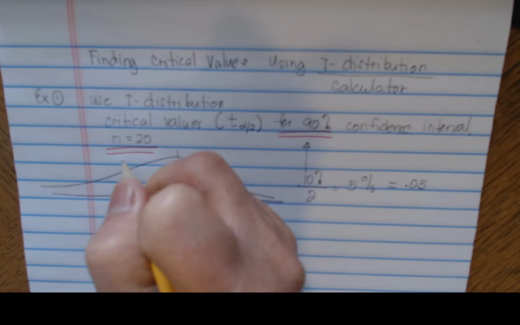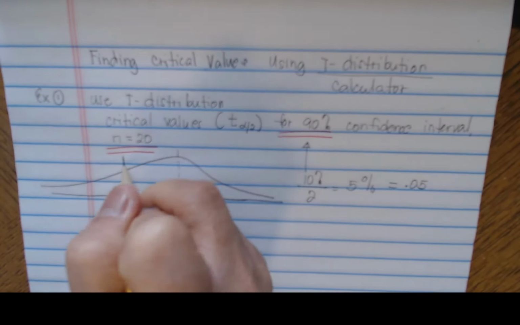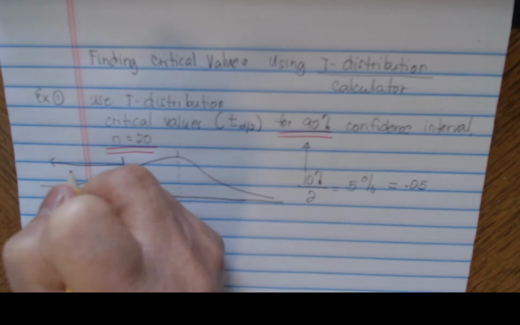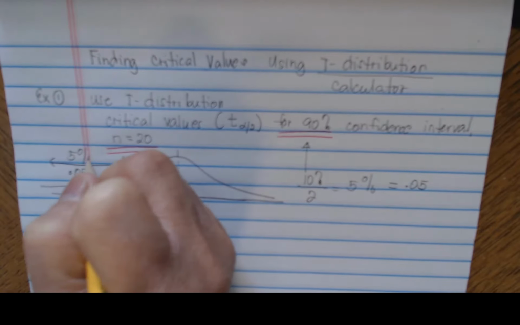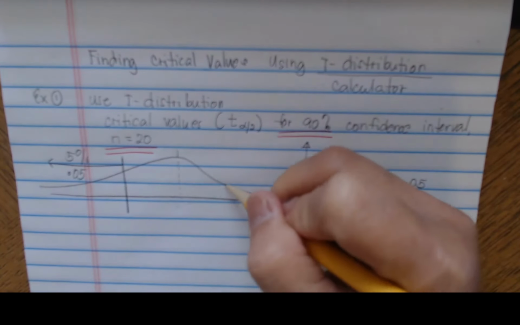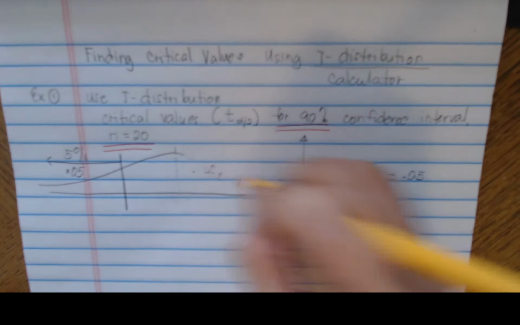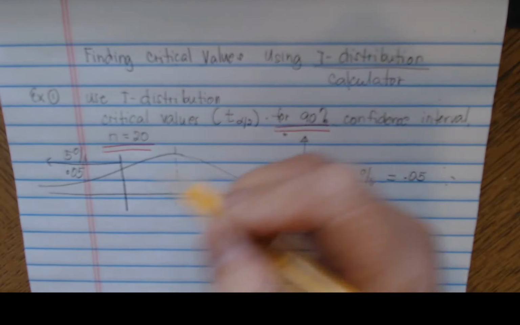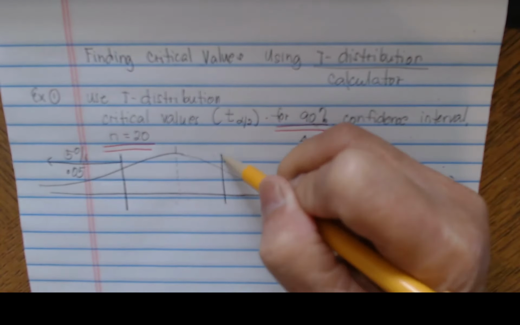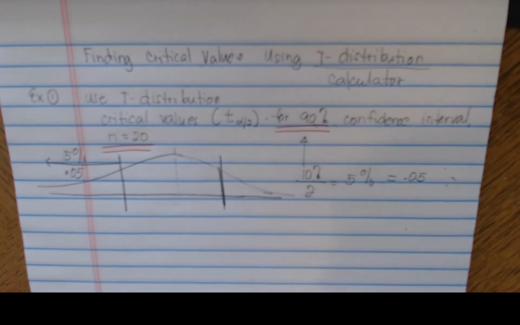So let's say this line will be towards the left. That should be our 0.05, and that is our 5%. And then symmetrically, well, our bell curve doesn't look symmetrical. Okay, so symmetrically we can assign this approximately as our line.